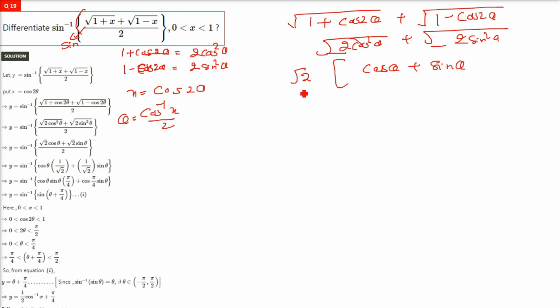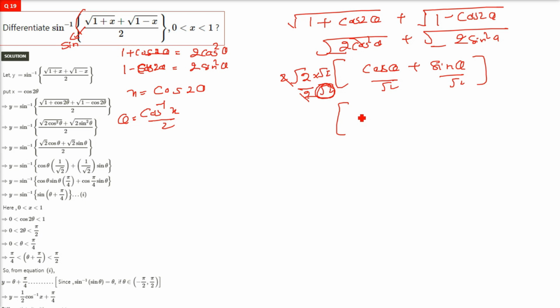So under root 2 you have taken outside, but we need an under root in the denominator also. So multiply numerator and denominator by root 2 just to include this root 2 inside. So root 2 into root 2 will be 2, and the 2 gets cancelled. So there will be under root 2 in the denominator.